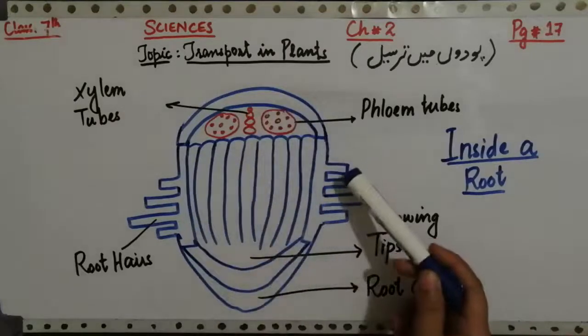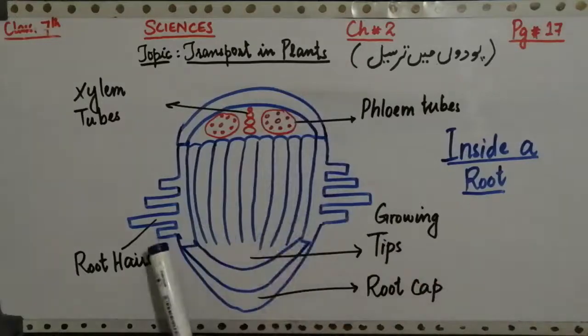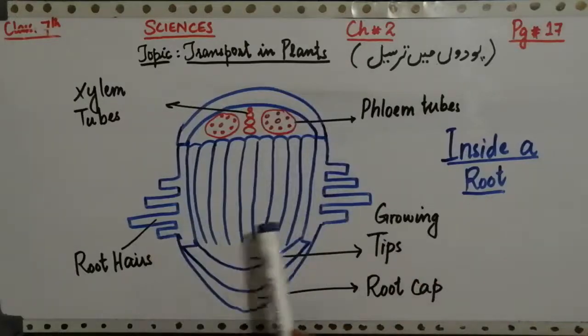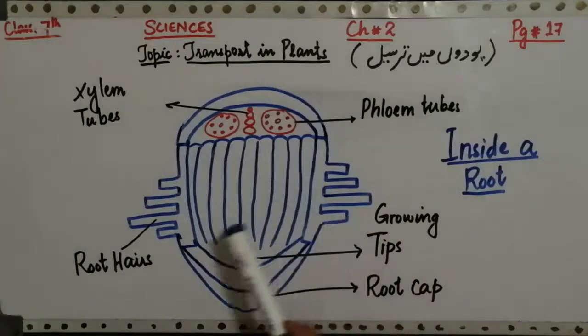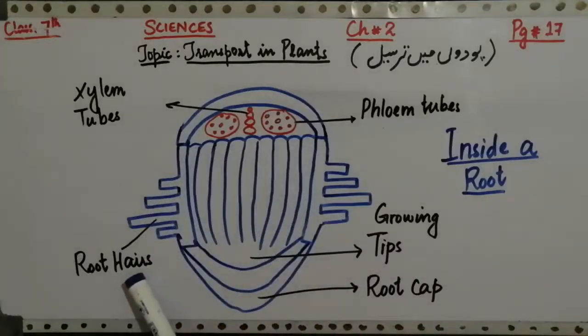Along with it, you can also observe some extended portions coming out of the root, and these extended portions are called the root hairs. Root hairs are those parts of the roots which help in absorbing water. They are responsible for absorbing water, and not only water but also minerals from the soil.